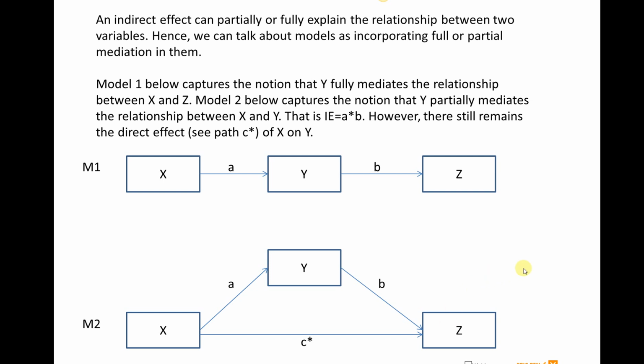A lot of times this just reflects the idea that we don't have any other proposed mediators. In that case, the only other option in terms of specifying the relationship between x and z is direct, whereas in this part of the model, we have a proposed intervening variable or mediating variable. And so the effect of x on z is partial through the indirect effect and then partially direct.